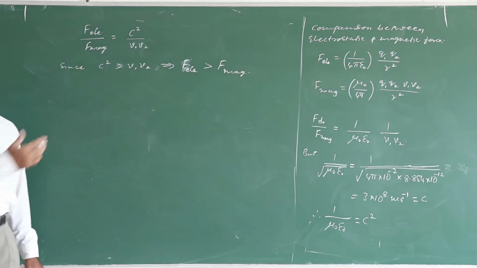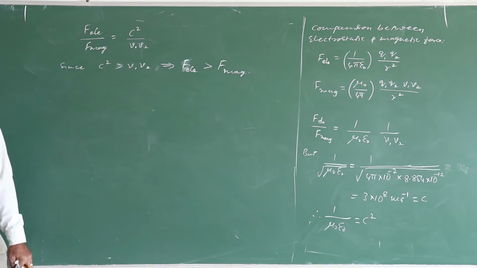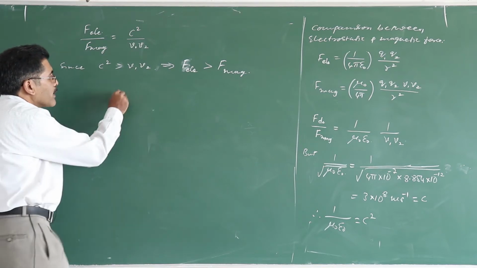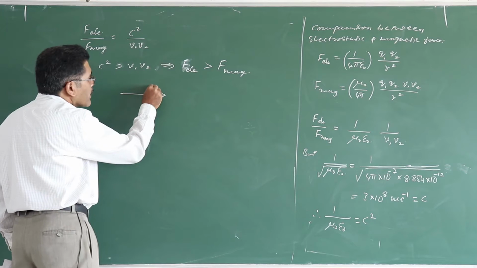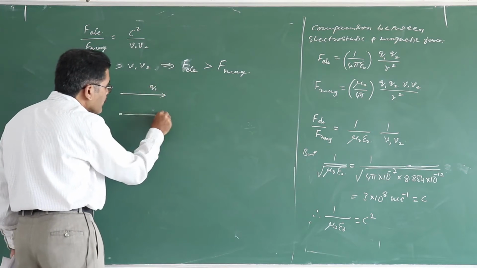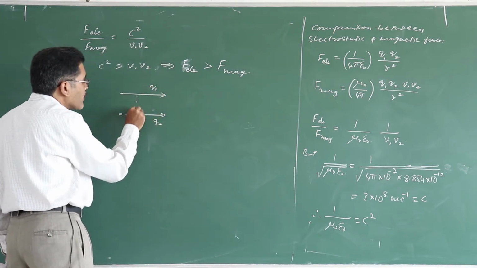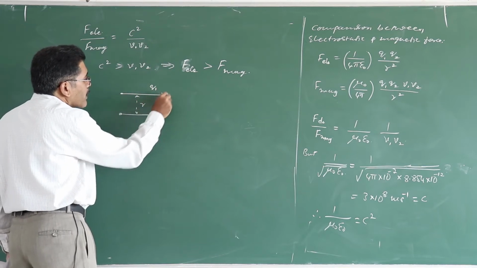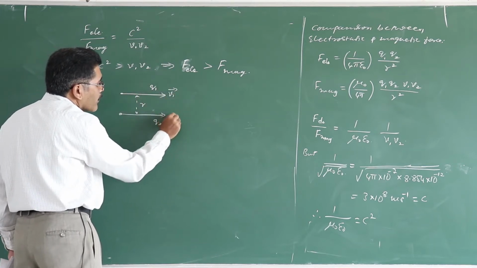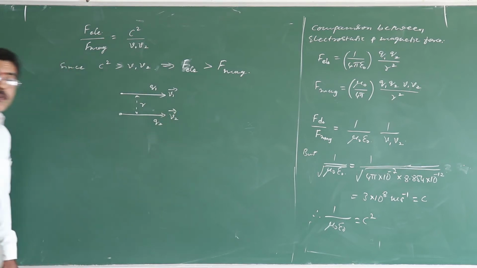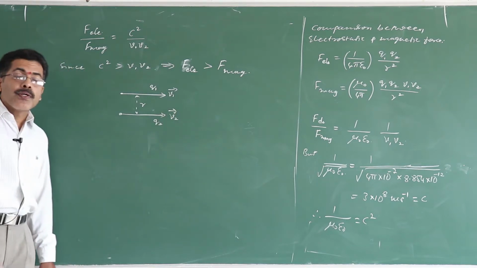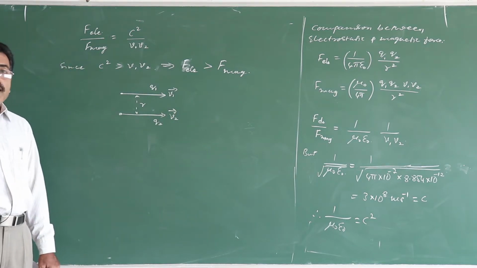Hence, what is the conclusion from this? When you consider two charged particles moving parallel to each other, separated by a distance r, then electrostatic force between them dominates over magnetic force.